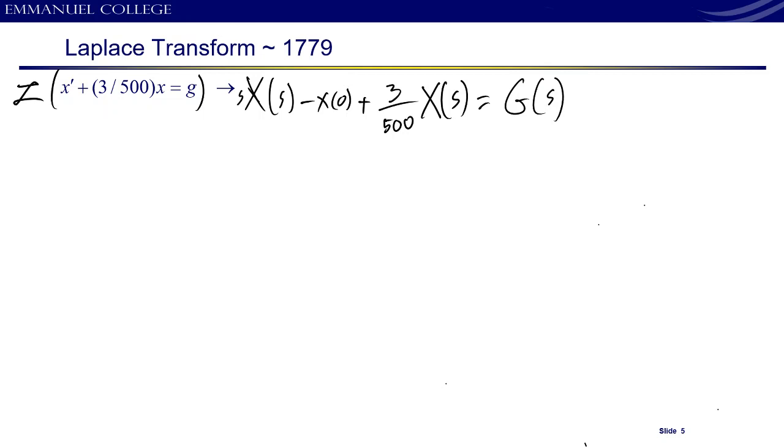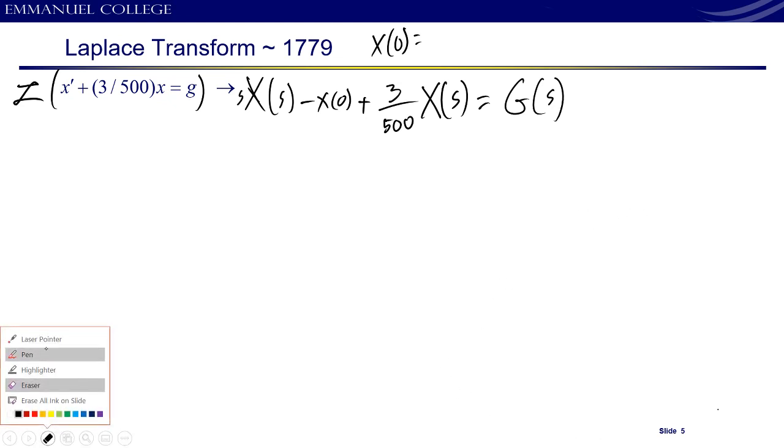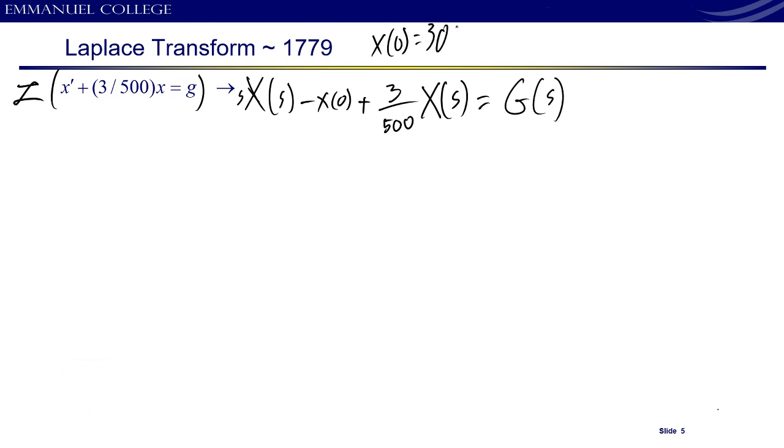Part of what works out nicely, remember this, is that at the initial point 0, we had that it was 30. So we get 30 that we can plug in. So I get s times capital X of s plus 3/500ths capital X of s.